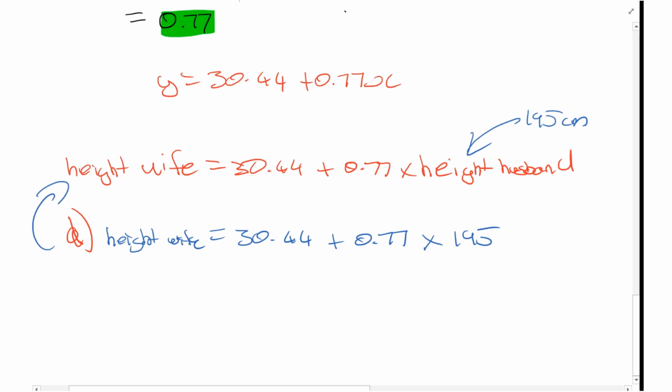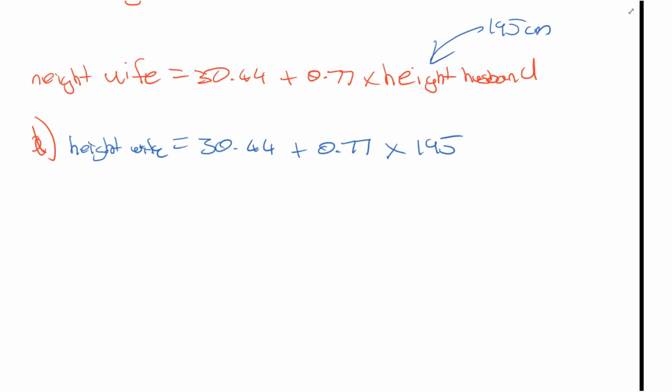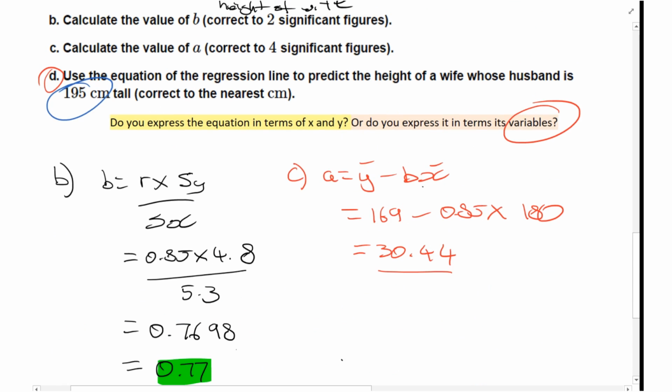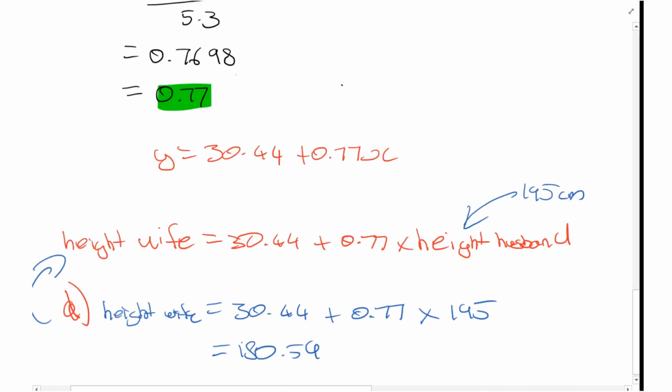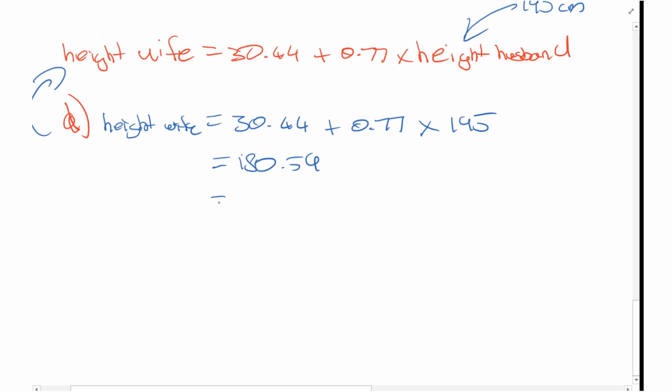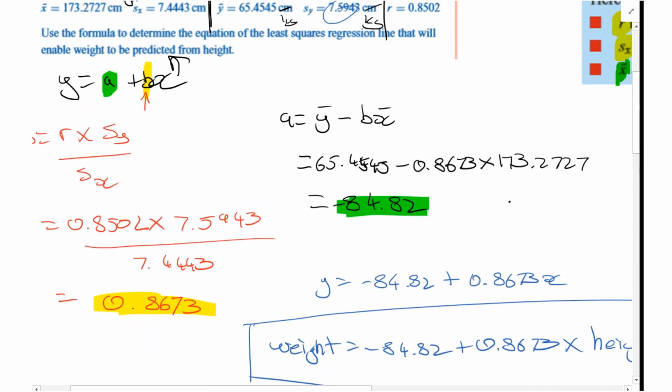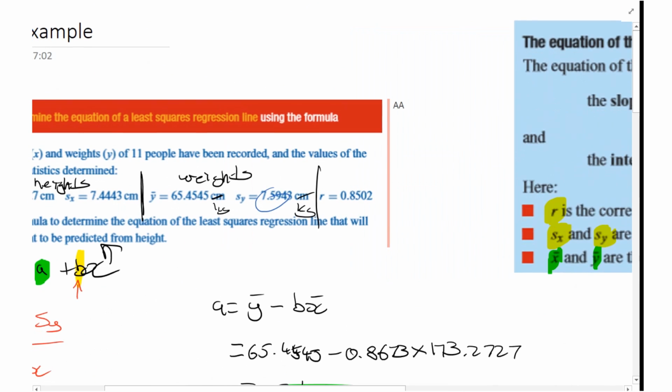And that value will be 180.59. But if you check what they're after, the nearest centimeter, the nearest centimeter to that is 181 centimeters. So that would be our final answer, and that's how you use these sorts of equations. Okay, thank you. Bye.